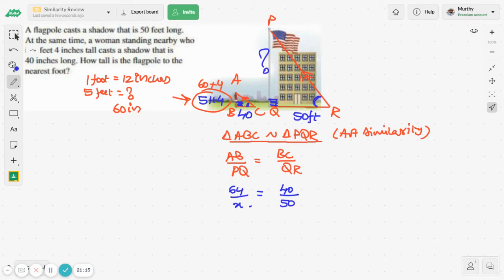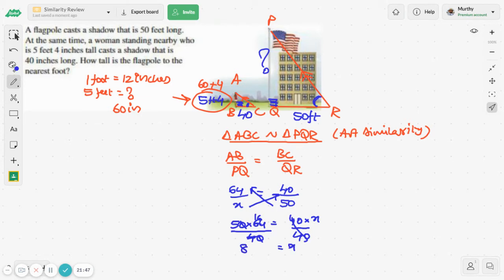Now at this point we go for cross multiplication, which is 50 times 64 equals 40 times x. You know how to isolate x, so let me divide by 40 on both sides. The zeros cancel out, 4 ones are 4, then 4 sixes are 24, so here the value of x is 80.